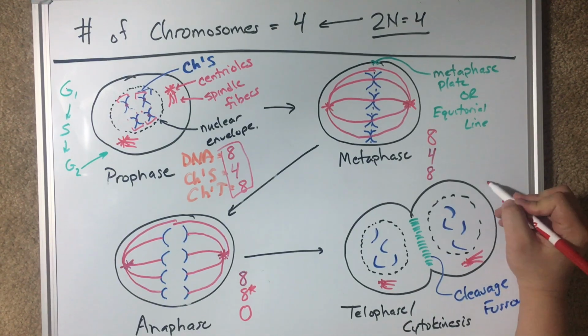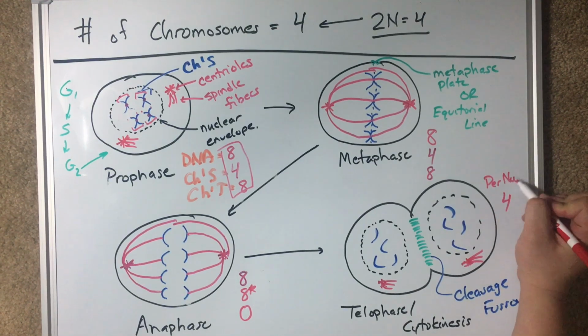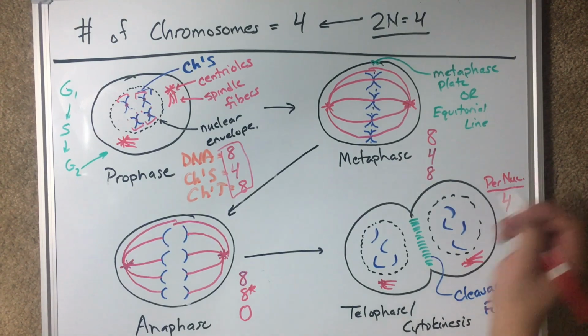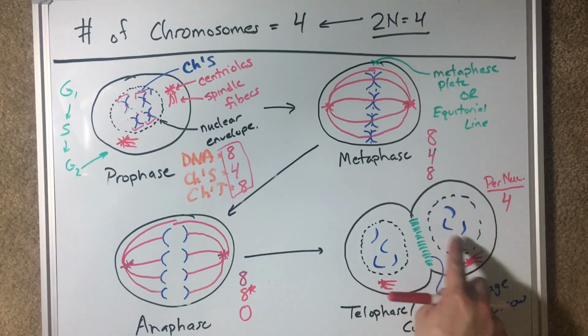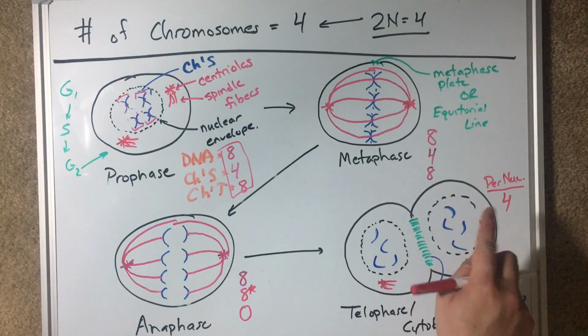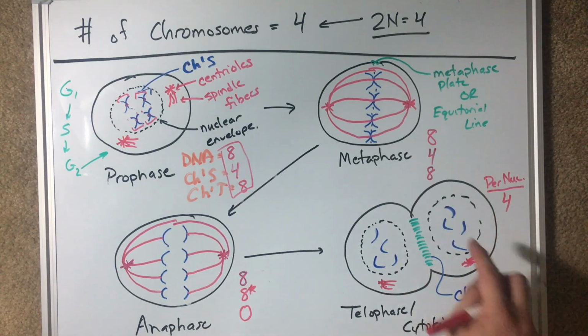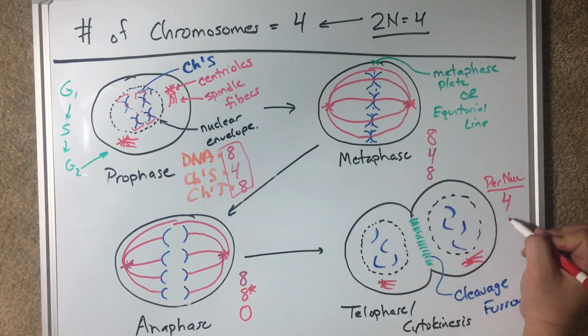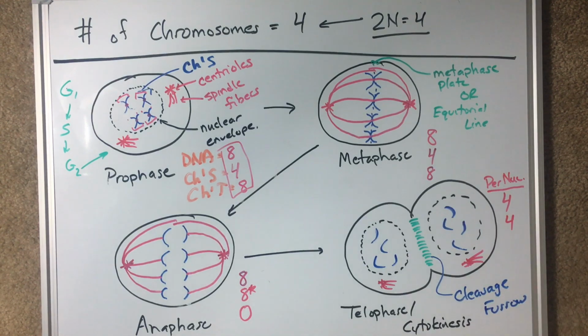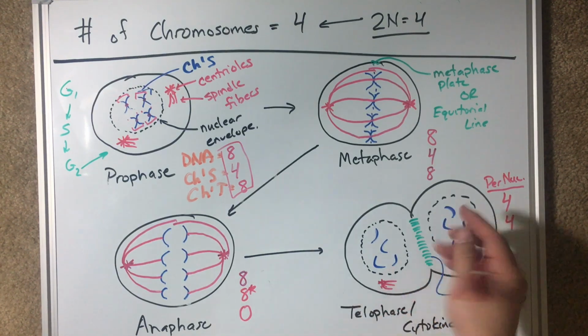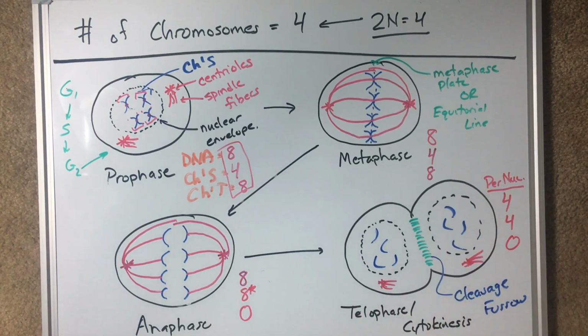Now, it's per nucleus, in here or in here. 4 in here. How many chromosomes do we have? 1, 2, 3, 4. And how many chromatids do we have? None.